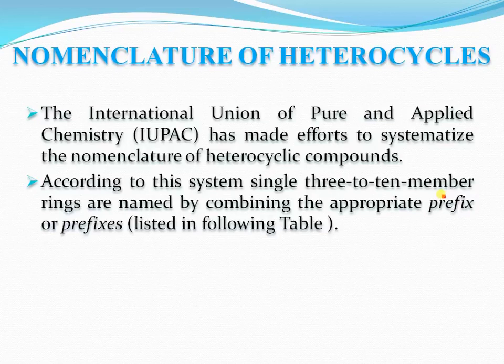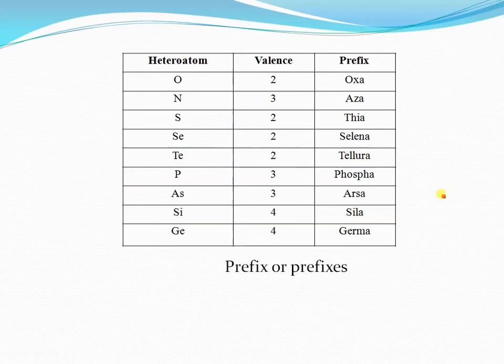Then nomenclature of these. The International Union of Pure and Applied Chemistry has made efforts toward systematic nomenclature of these heterocyclic compounds. According to the system, single 3 to 10 member rings are named by combining appropriate prefixes, like this: first oxygen is oxa, having 2 valency, nitrogen is aza, sulfur is thia, selenium is selena, like this.